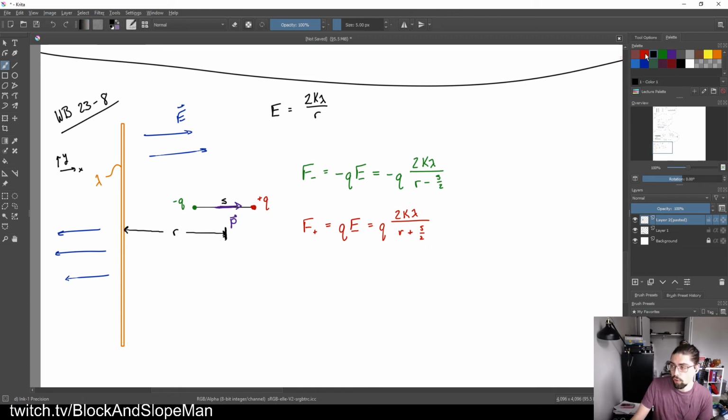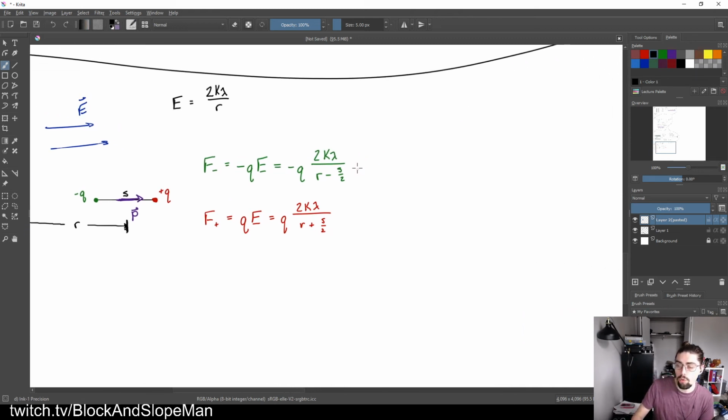Okay, and then just like I said, we want to combine these into some net force, right? So F net is going to be equal to F plus and F minus. One of these is negative, one of these is positive. We want to leave it like that. Again, these are all kind of in the X direction, right? So I put these two things together. Now, they share a lot of similar terms. 2k lambda Q. Let's pull those out.